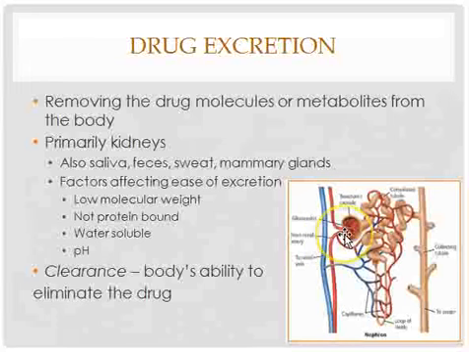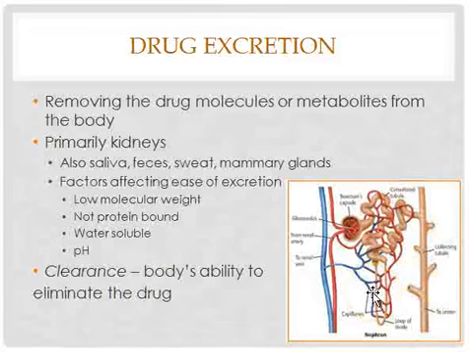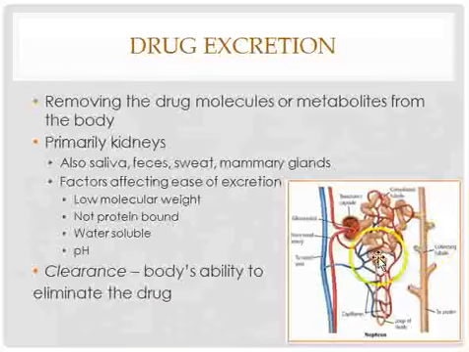Not all of it is going to be pushed out here at any given time, but some of it will, and if it does get pushed out here, it's in this tubule, and it needs to get all the way through the tubules, down the loop of Henle, back again, and out the final collecting tubule in order to be excreted. So say it is more of a lipid-based drug metabolite, then it's going to be much more easily absorbed back into the bloodstream rather than staying in the collecting tubule and being excreted. So you have to get through all of those steps in order to excrete the drug.